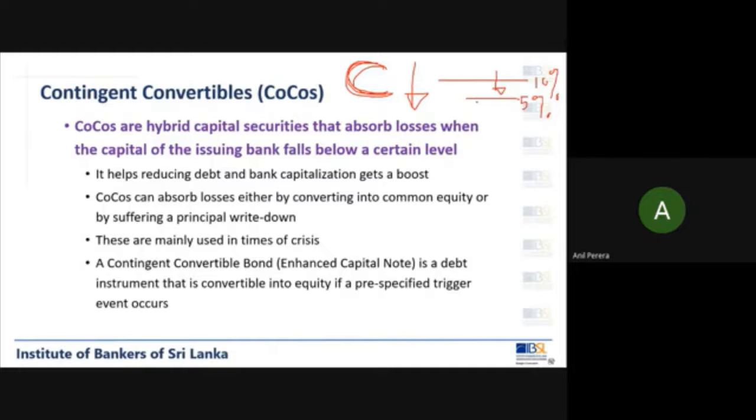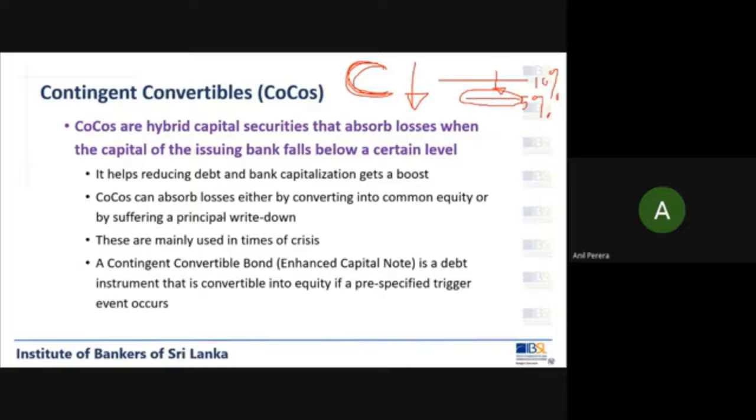These contingent convertibles, CoCos, are issued to enhance this capital. So banks can issue these to top up capital in a crisis. It's a kind of capital-boosting instrument for a bank when the bank is hit by a capital loss and reduction in capital.